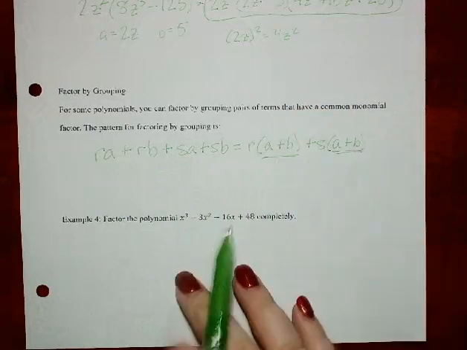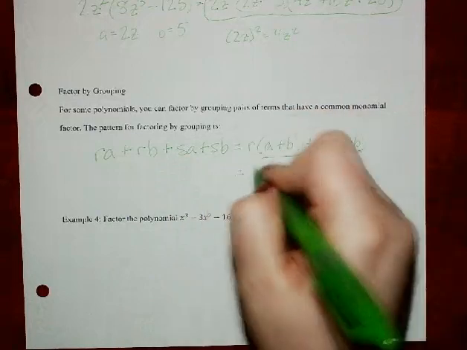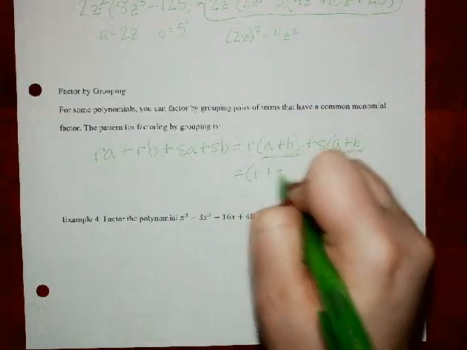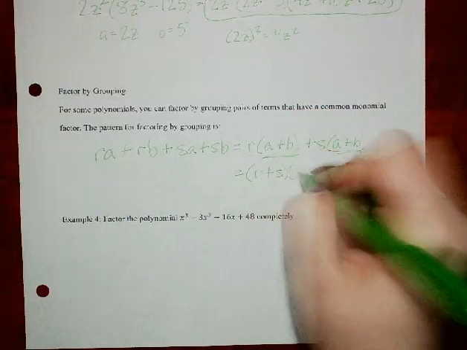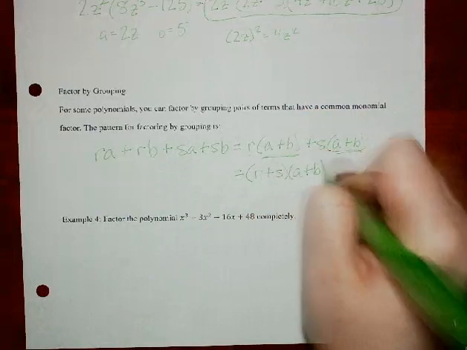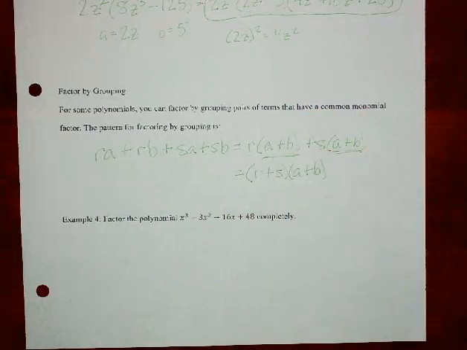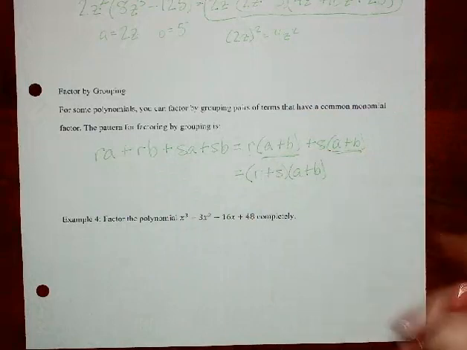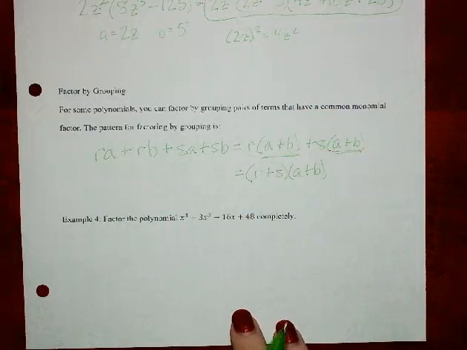So we can rewrite that as our parts outside the parentheses, r plus s, times our common factor, a plus b. So this will make a little bit more sense after we look at an example.